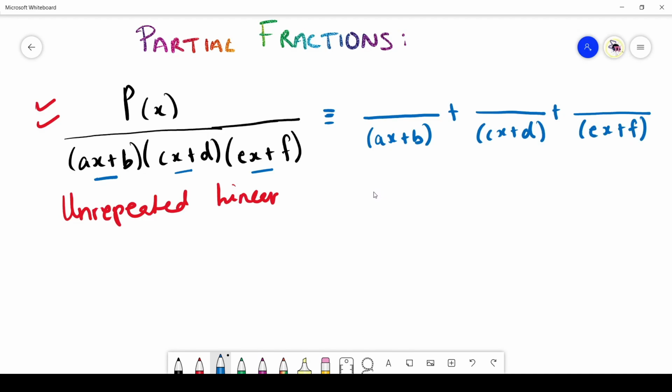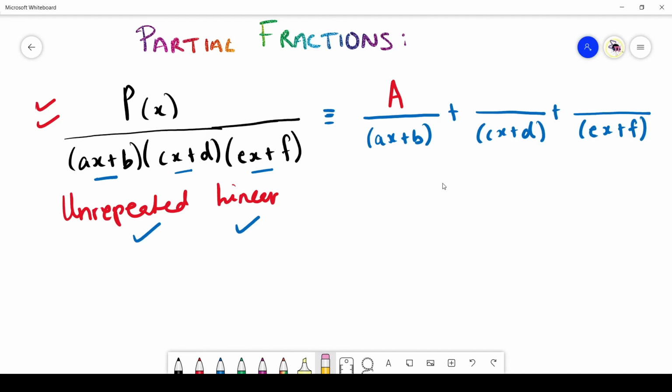Now, once your question is unrepeated and linear, your corresponding numerator after your split is simply constants. You can use the same letter A except make it a capital, such that capital A is not equal to your common A. They're different.